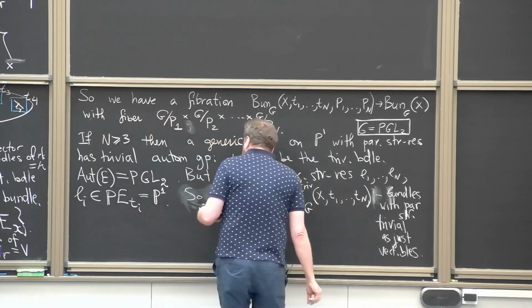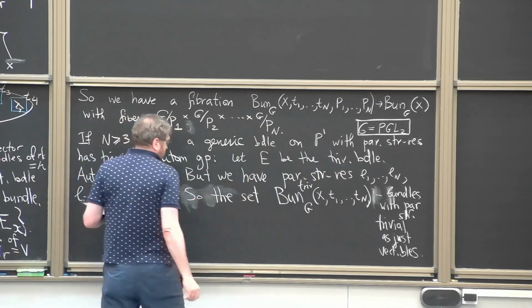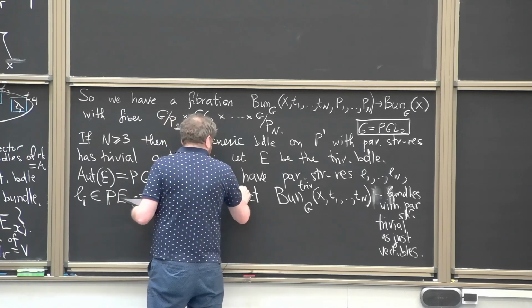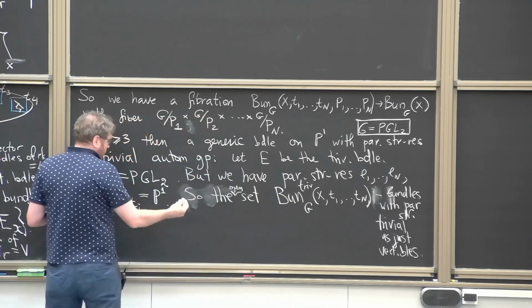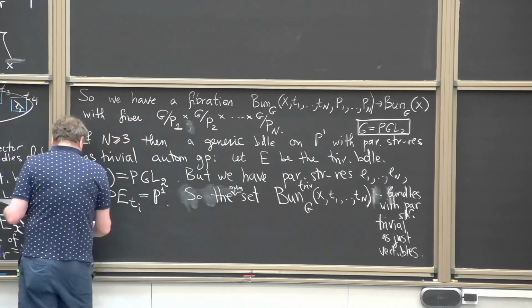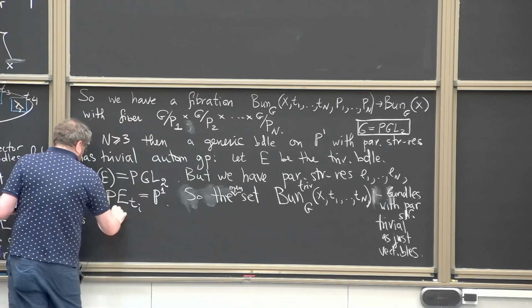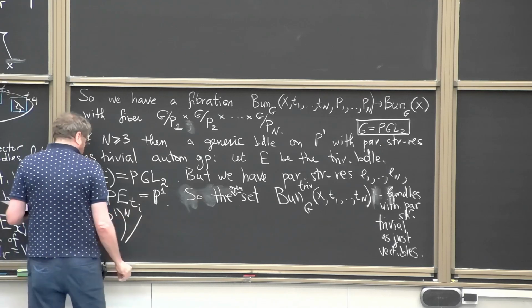So this set is just an open subset in the whole stack because a generic bundle is trivial. Well, it is just P1 to the power n quotient by PGL2.